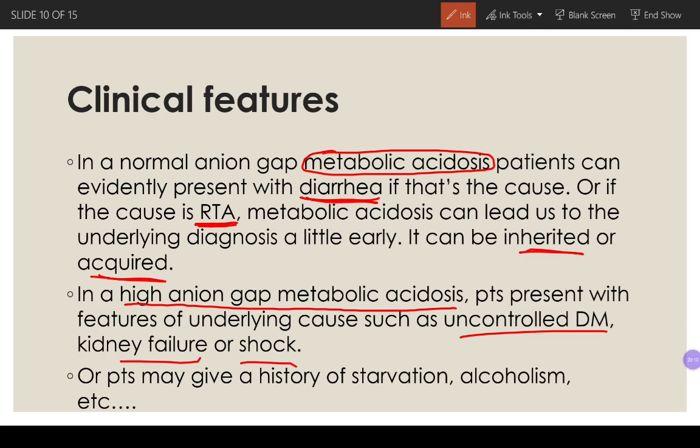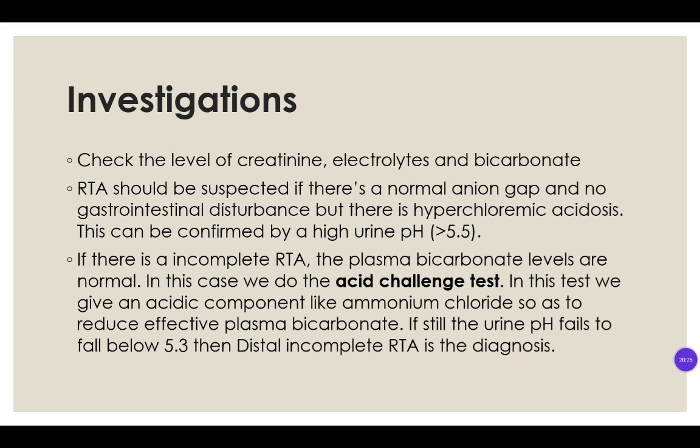And patients may also give a history of starvation, alcoholism, etc. So when they give a history of starvation and alcoholism, you know that it's starvation ketosis or alcoholic ketoacidosis.